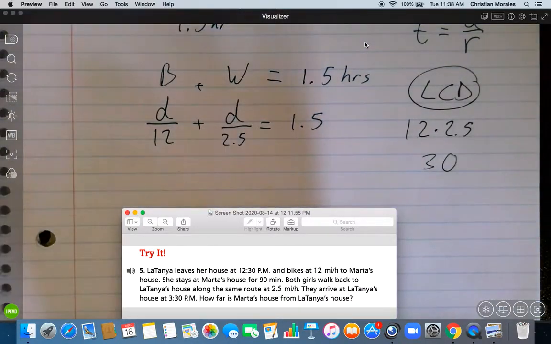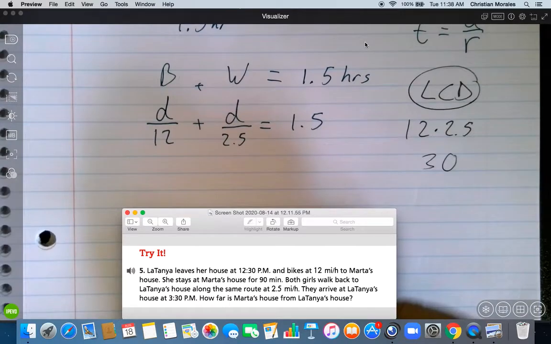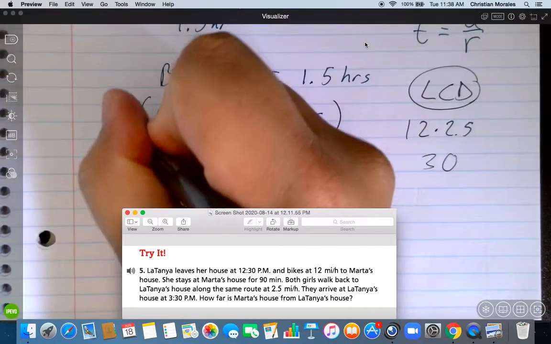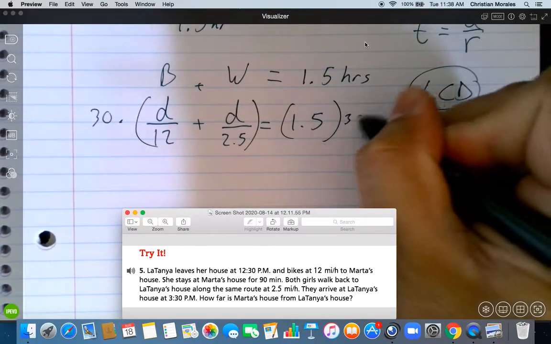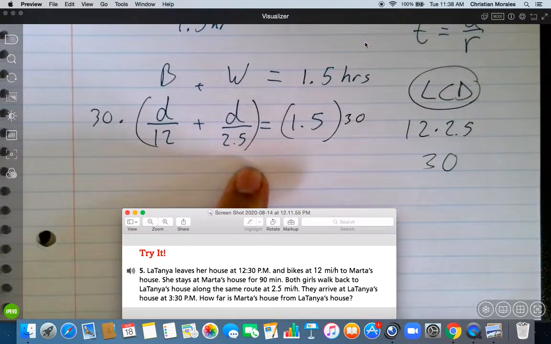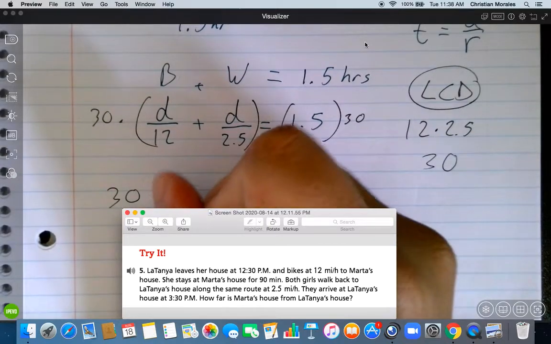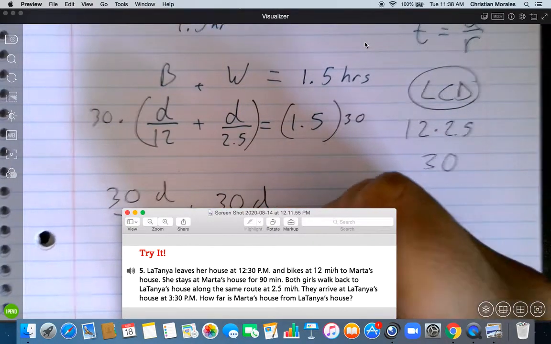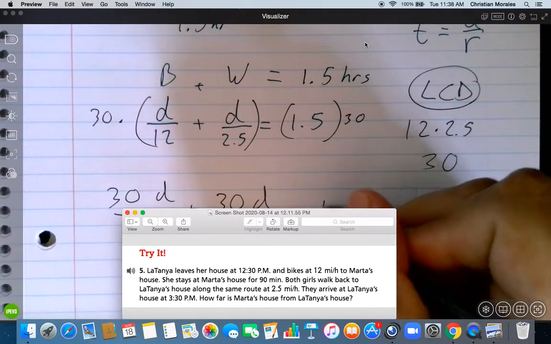So 30 is the lowest common denominator. So we're going to multiply both sides by 30. The reason we do this is because it's going to cancel out the fraction. So you get 30d over 12, 30d over 2.5, and here you're going to get 45.